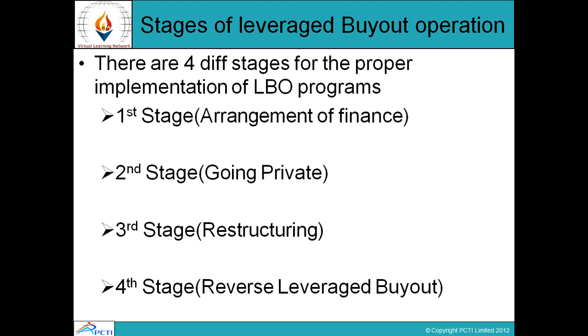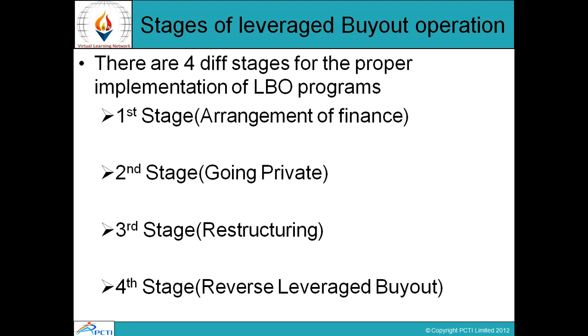There is the last stage. This is the stage of reverse leveraged buyouts. Here the investor group takes the company public again, if the restructured company emerges stronger and the goals set by the LBO group have been achieved.